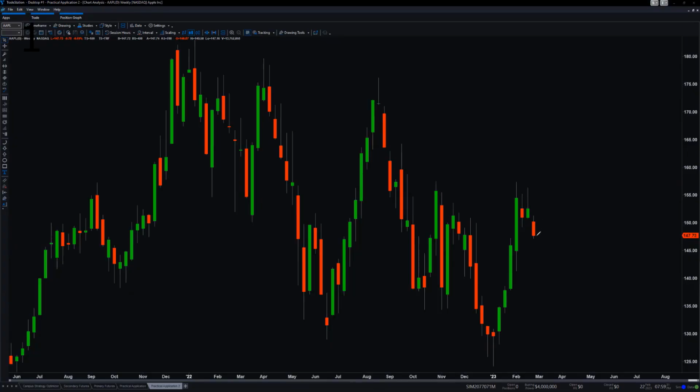So what we do is we start at current price and we look below and to the left without cutting candles until we see the first candle that implies clear institutional activity.